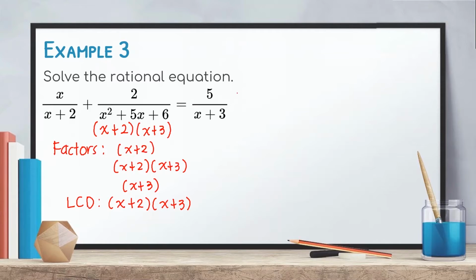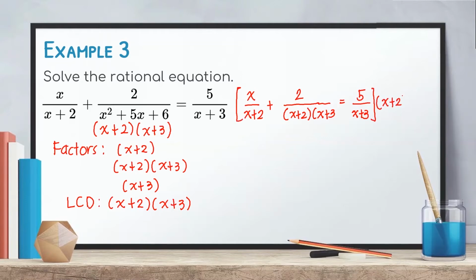So therefore, we will have x over x plus 2 plus 2 over x plus 2 times x plus 3 equals 5 over x plus 3 times our LCD x plus 2 times x plus 3.